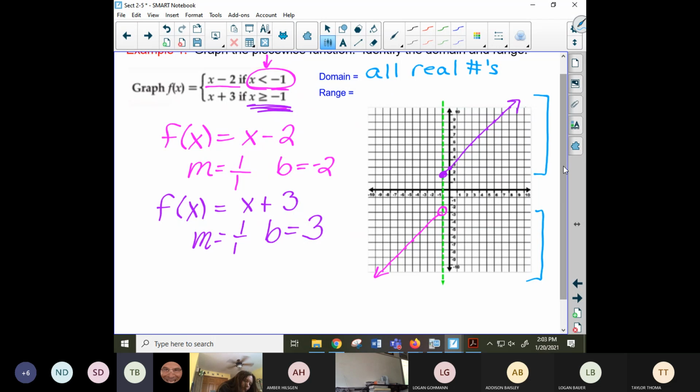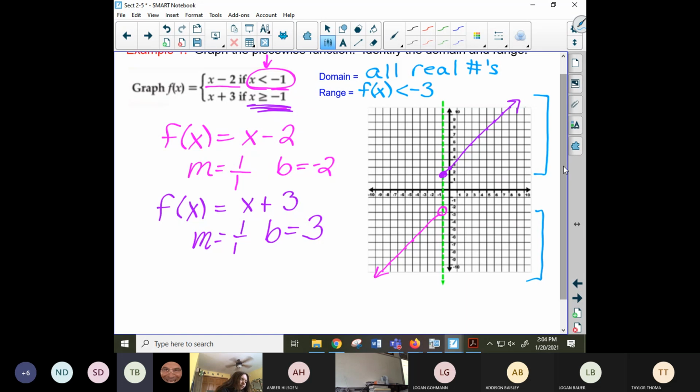So this bottom one, I'm going to use the f of x, which is really just like saying y. And this down here is going to be for all y's. This is a -3. So do you guys get that it's going to be less than -3? And it's not equal to -3 because that is open.